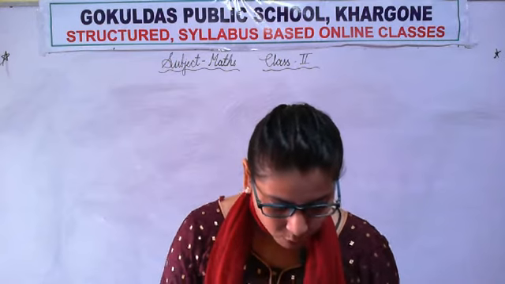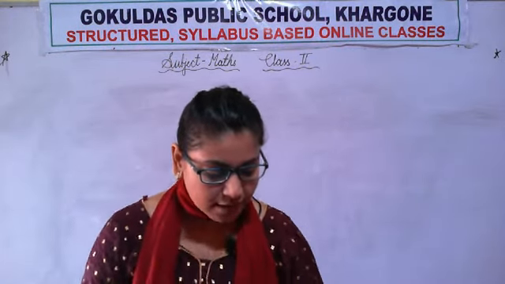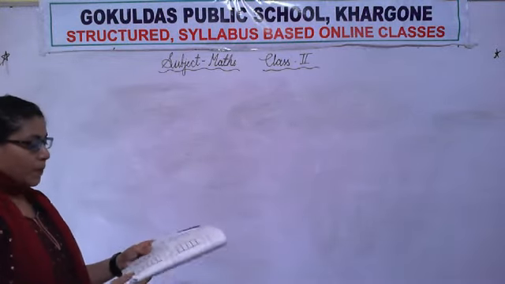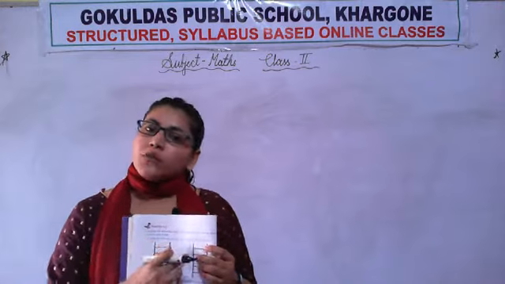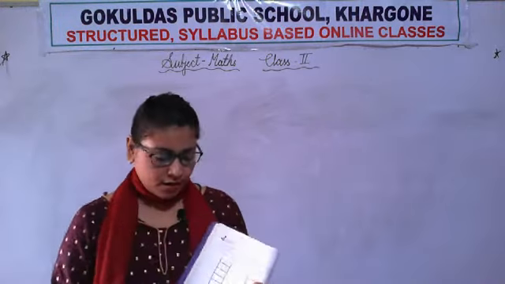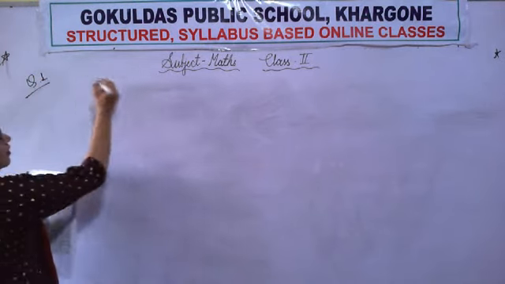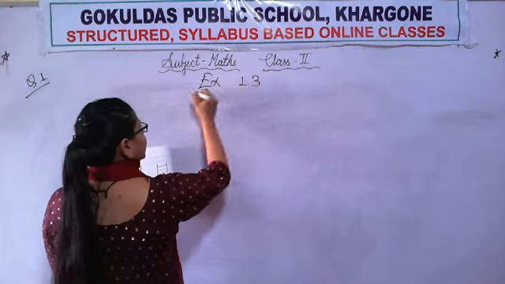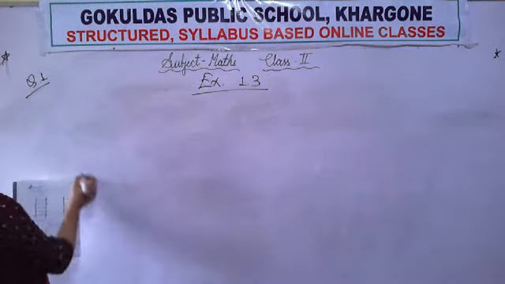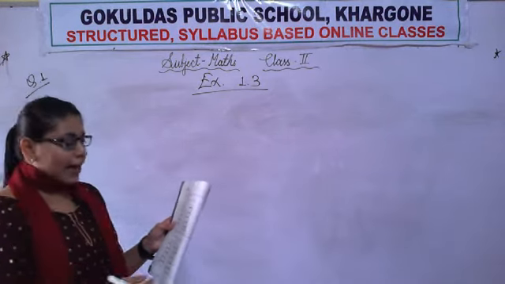Now I hope you all are able to do ascending and descending order questions. I will do one question for you and you will do one question on your own. Question 1, part A. Part B you will do on your own.